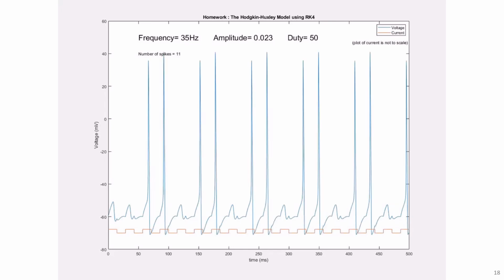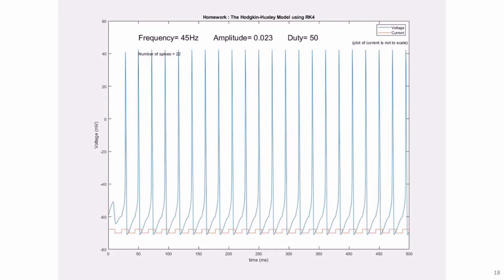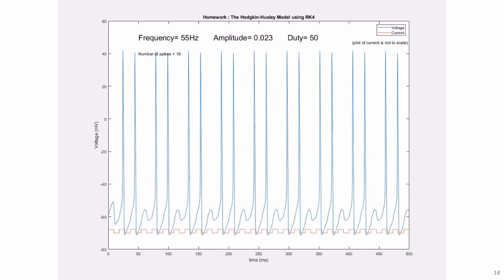But moving on, at 35, we see two spikes, then we miss a spike, then we see two spikes, then miss a spike. It's a pattern like that. Going on at 40 hertz, it spikes for every single one of them. 45 is still the same, and at 55 we again start missing one spike after every two spikes.